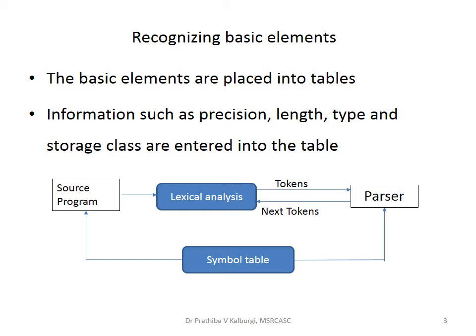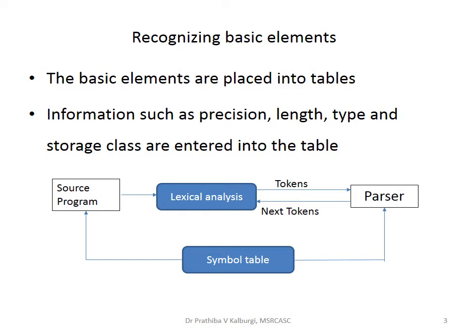Now, what is this symbol table and what exactly is it going to consist of? This symbol table contains all the identifiers along with their types, length, precision, as well as the storage class, which are stored so that the symbol table makes it easier for the lexical analyzer as well as the parser to perform their operation.